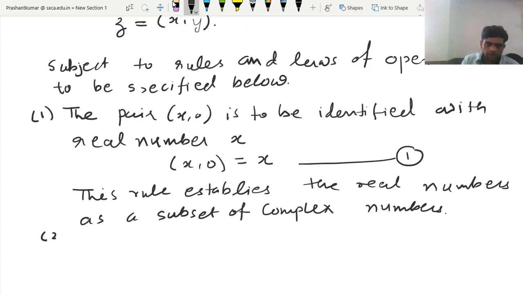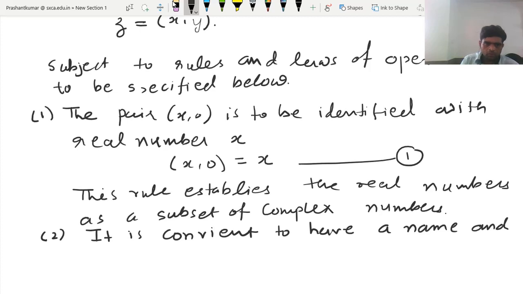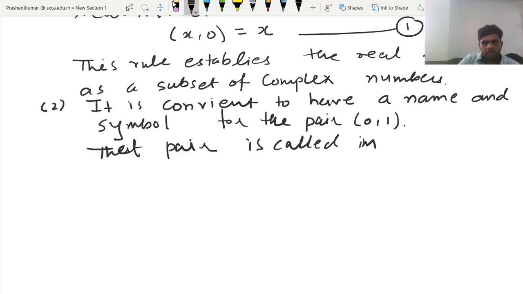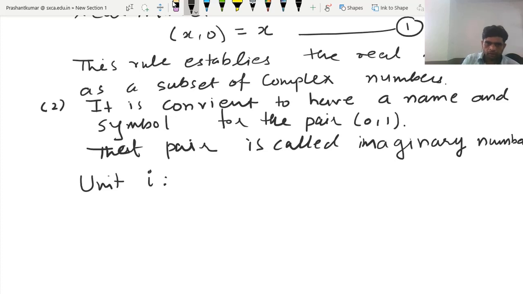The second rule: it is convenient to have a name and symbol for the pair (0, 1), and this pair is called an imaginary unit. It is denoted as (0, 1) equal to i.